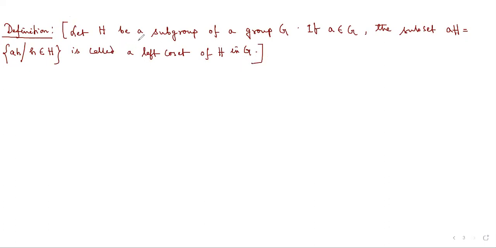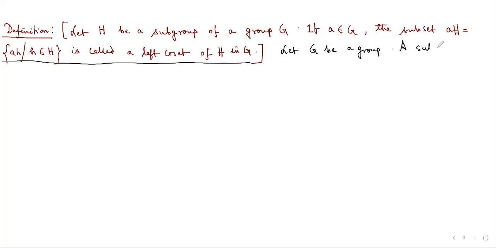I'm just reminding you of the definition of the coset, but the definition I'm going to give you right now is something else. So let me write it with a different color. Keep this result in your mind. This is the definition of left coset, and similarly you can define the right coset. Now our today's definition is very important. It says: let G be a group.